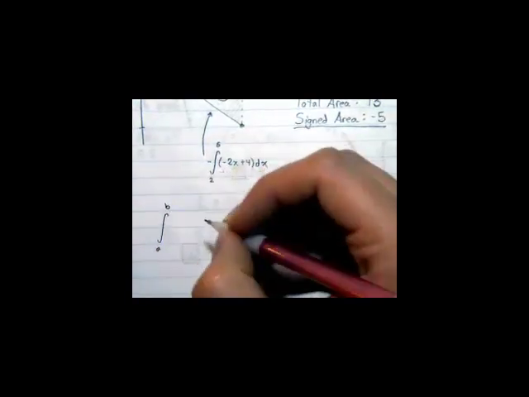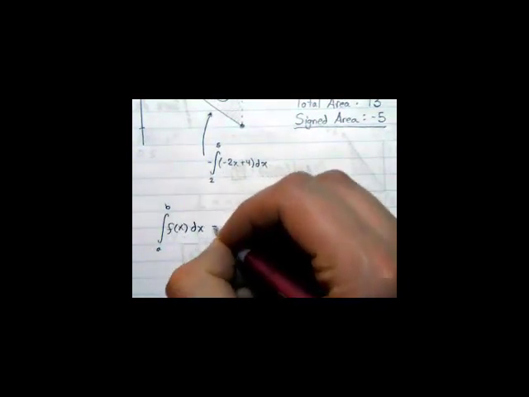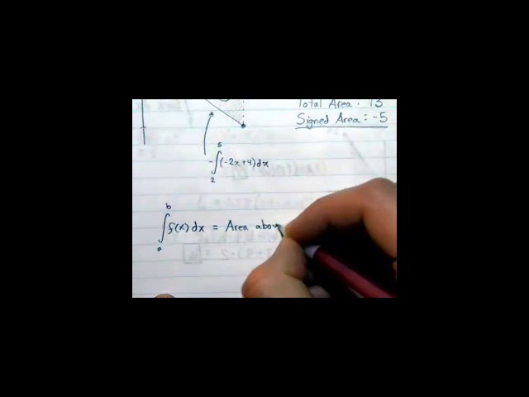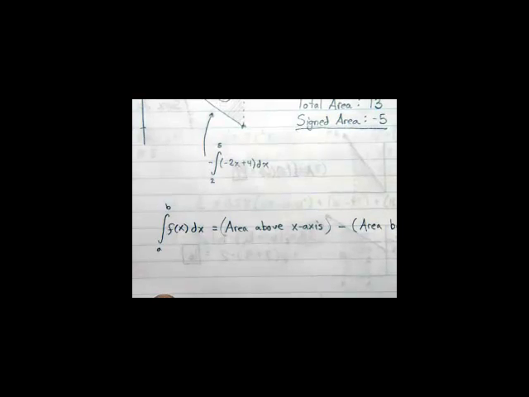The integral from a to b of f of x dx equals the area above the x-axis minus the area below. And this is when you are using signed area.